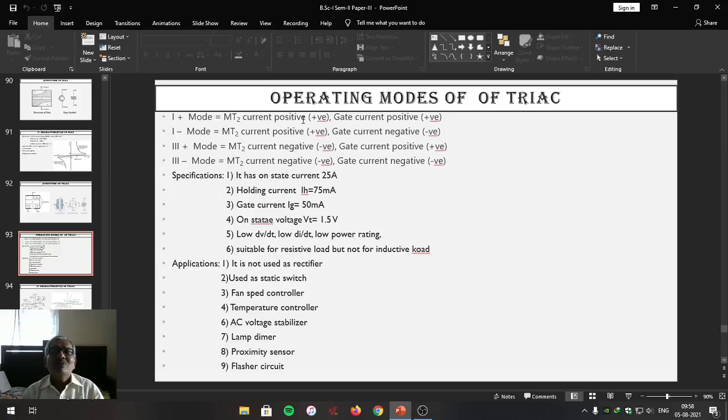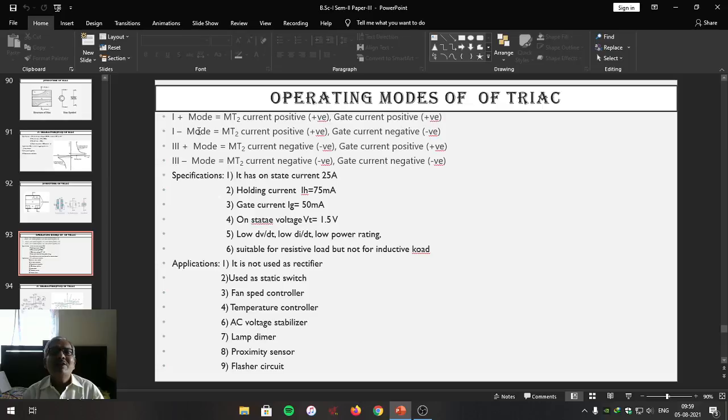We get the working of the triac in the first quadrant, that is mode 1 plus, where MT2 is positive and gate is positive.